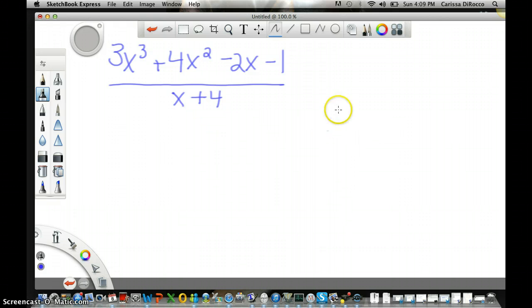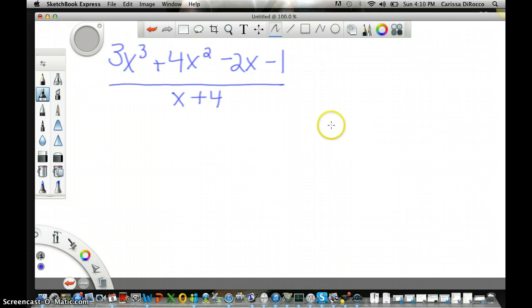The reason why we can use synthetic division is because we have a polynomial to the third degree divided by a binomial to the first degree. And as you can see, the polynomial that we're dividing has all of its terms. It is not missing any of its terms.